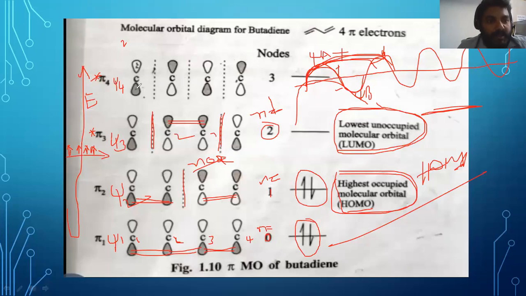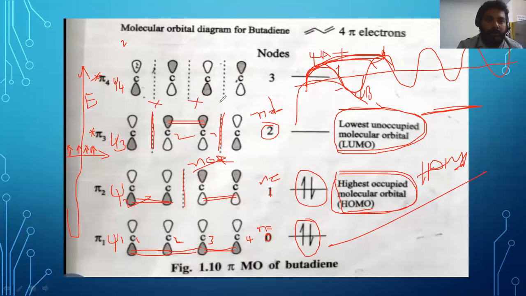Next is psi 4: alternately down, up, down, up, down, up, down, up. We can express the possibility of nodes by this structure. Here there is no bonding, no bond, no bond.